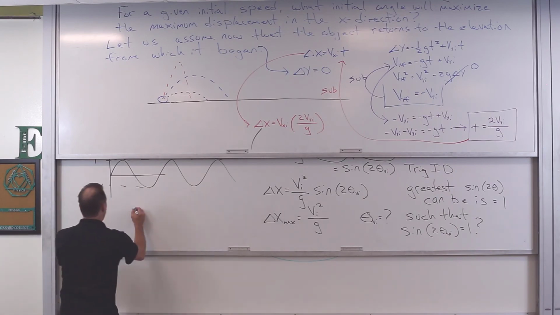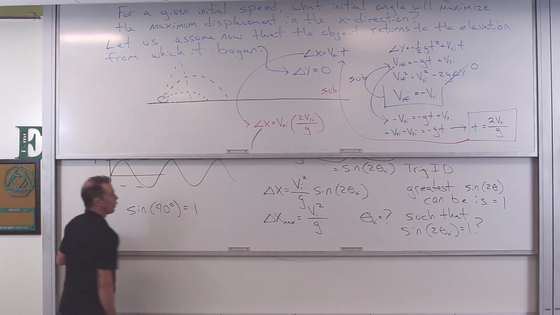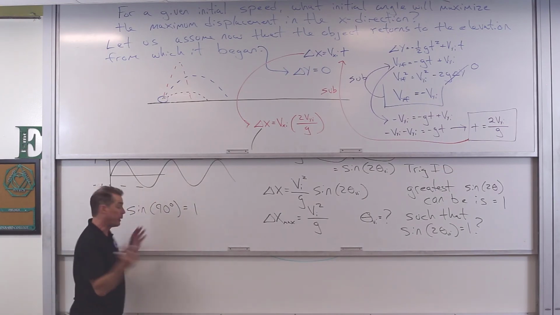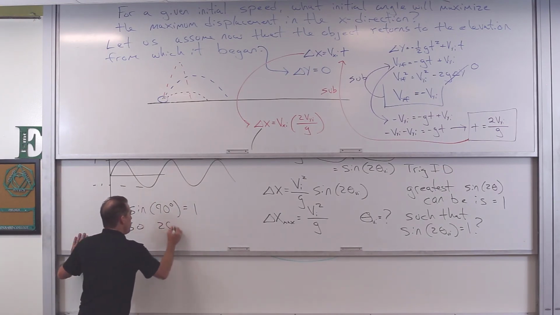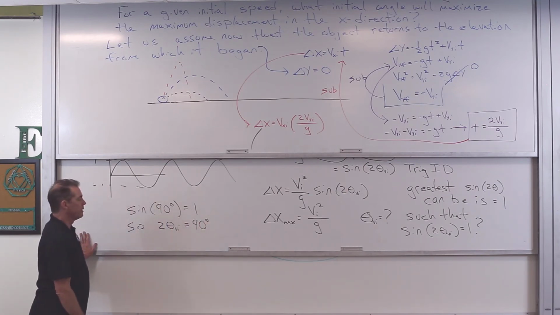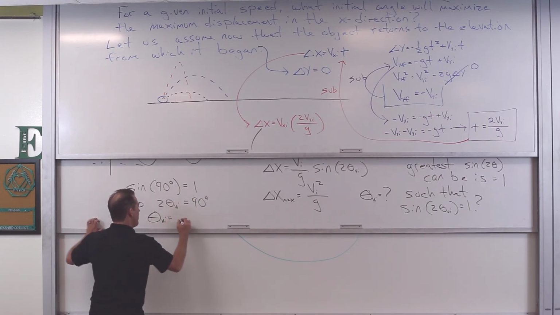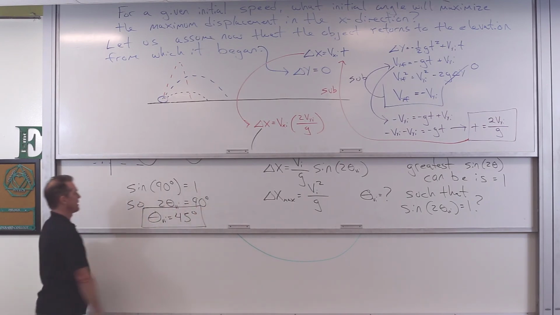Well, we know that the sine of 90 degrees is equal to 1, right? So 2 theta V initial must be equal then to 90 degrees. And if that's the case, then theta V initial must be equal to 45 degrees.